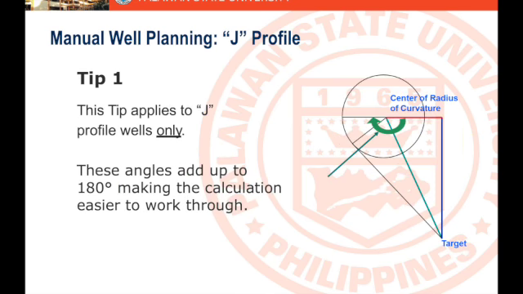Okay. So still tip 1 for J profile. As you can see, you have extended this line right here, and this arrow indicates that it has 180 degrees. Okay, so you can solve for the angle right here for this triangle. Just follow the cursor.